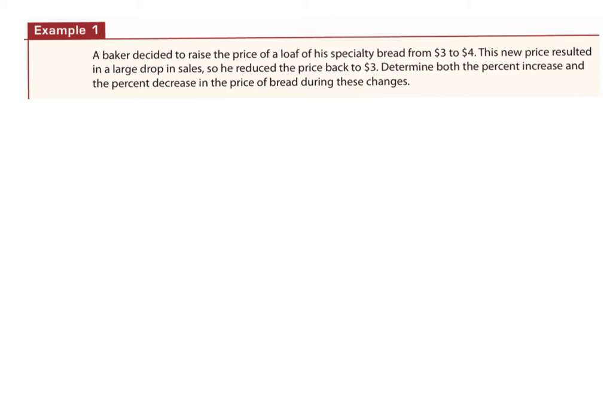All right. So how many dollars did it change when he went from 3 to 4? That's the change amount. And that was $1, right? And we're going to put that over the original cost, the original. How much did it originally cost? It went from $3 to $4.